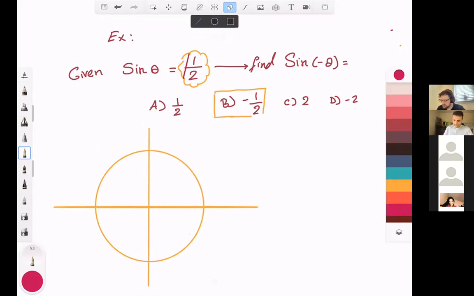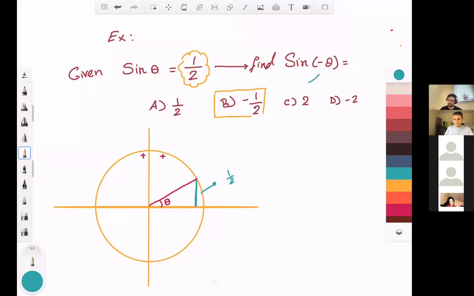So this 1/2 is positive, correct? So we know sine is positive on first quadrant, second quadrant. So 1/2 can be, and the table says 30 degrees. If this is theta, which happens to be 30 degrees, this is the length of sine. This is 1/2.